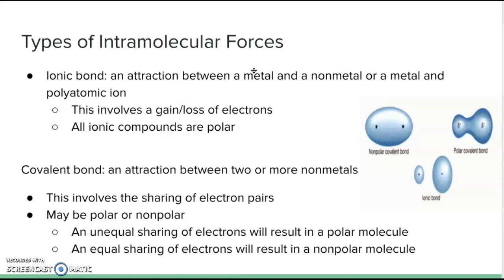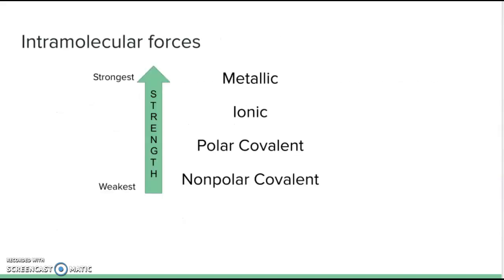We're sharing our electrons, and we could be polar or nonpolar. So we're either equal sharing or unequal sharing, to make it nonpolar and polar. So all of this stuff you have already learned. We're just putting a giant new name to it as an intramolecular force.